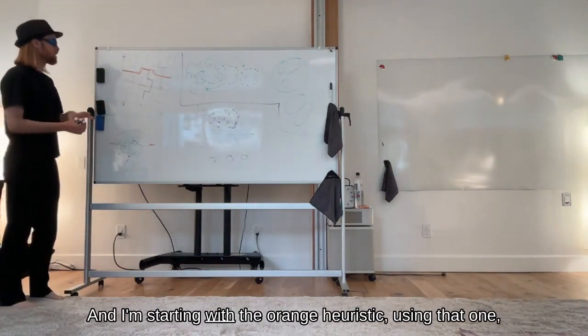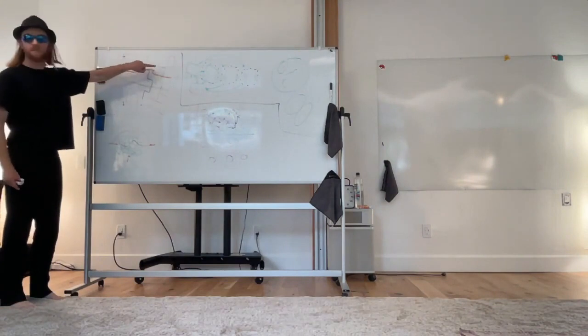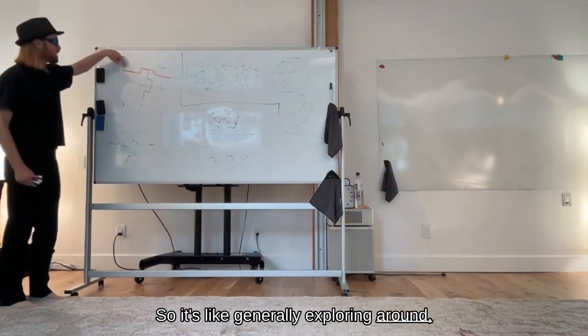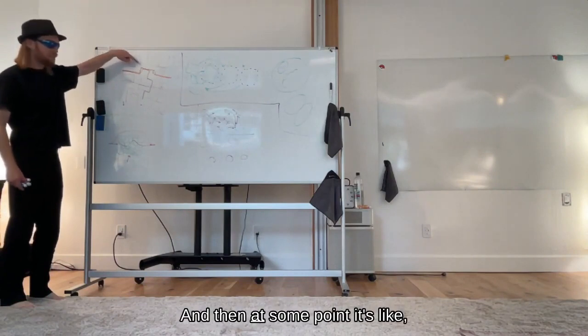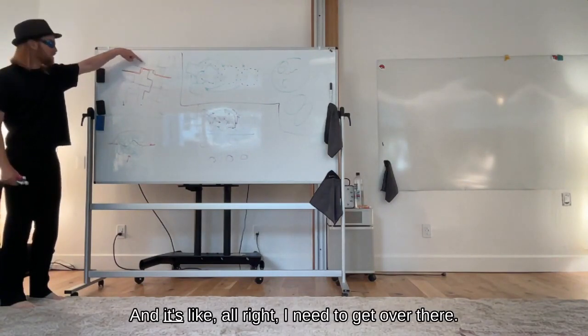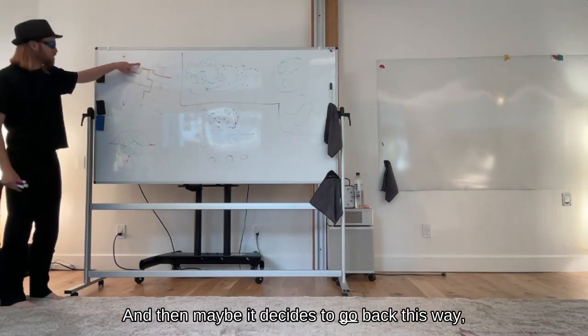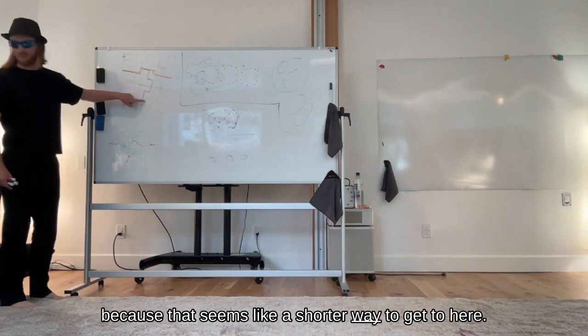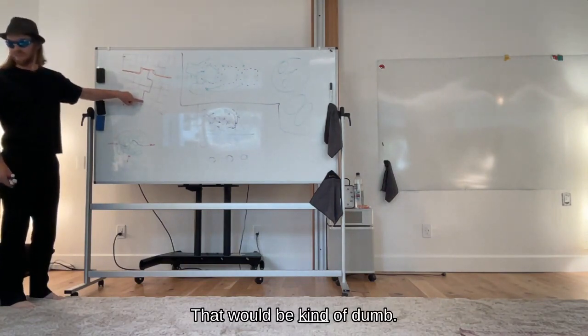I'm starting with the orange heuristic, so I'm going to try to get over here. It's generally exploring around, trying to get closer to that hole right there. And then at some point it's like, I'm going to try that other heuristic for a while, and, all right, I need to get over there. Then maybe it decides to go back this way, because that seems like a shorter way to get to here, right? That would be kind of dumb.